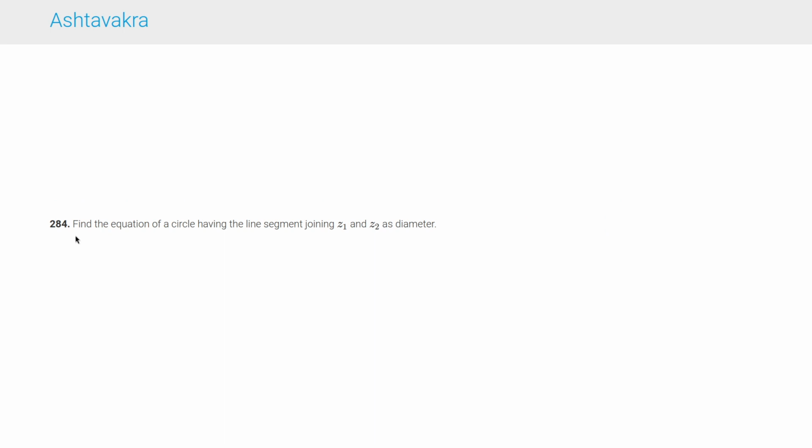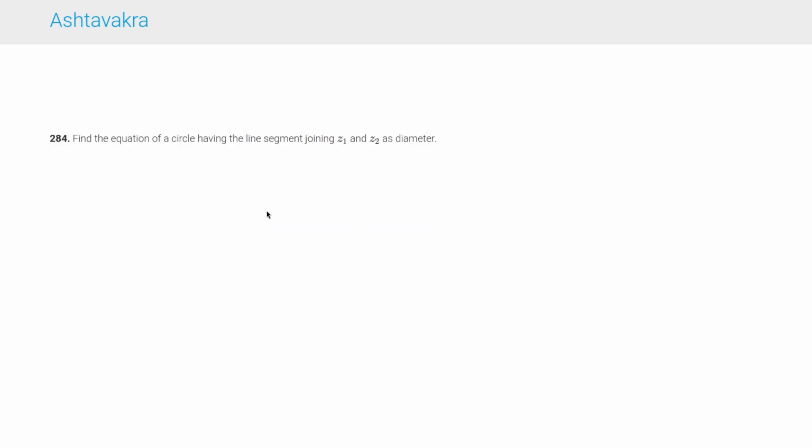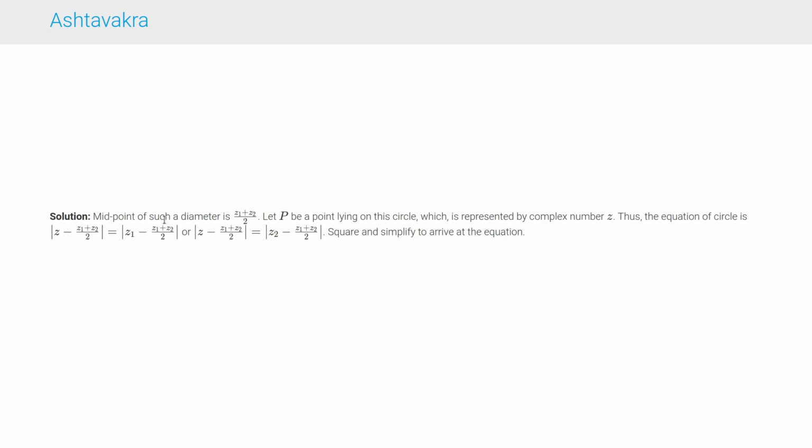Question 284 says that find the equation of a circle having the line segment joining Z1 and Z2 as diameter. The midpoint of the diameter would be (Z1 plus Z2) by 2. And we let P be any point lying on the circle which is represented by a complex number Z. Then the equation of the circle would be mod of Z minus (Z1 plus Z2) by 2 is equal to mod of Z1 minus (Z1 plus Z2) by 2.